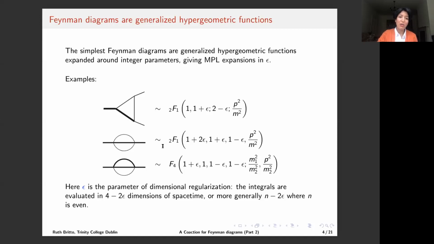If we have one massive propagator, again, this is very loose here, there are all kinds of prefactors I'm skipping out. I'm just highlighting a form of the hypergeometric equation. Here, in fact, this kind of integral can have multiple terms, and we get an Appell F4 function. We see the dimensional regularization parameter appears in the parameters, and the kinematic variables appear in the final arguments.